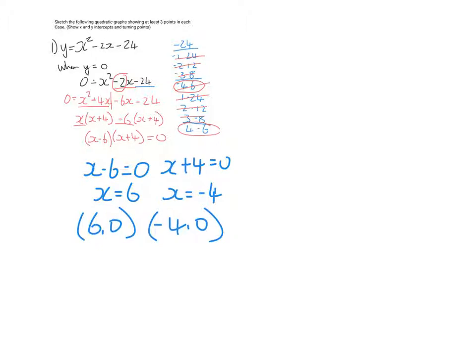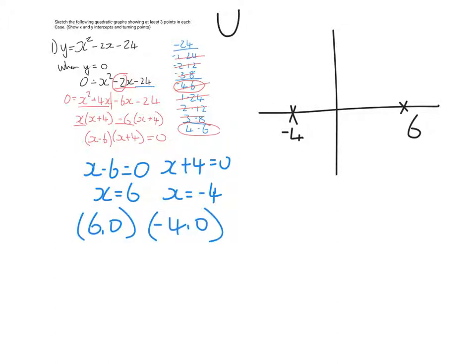Now let's go sketch our graph. So here's our x and y axes, negative 4, 0 and 6, 0. And is it a smile or a frown? Well, let's look back up here. X squared is positive, so it's a smile. So it's going to be this shape here.